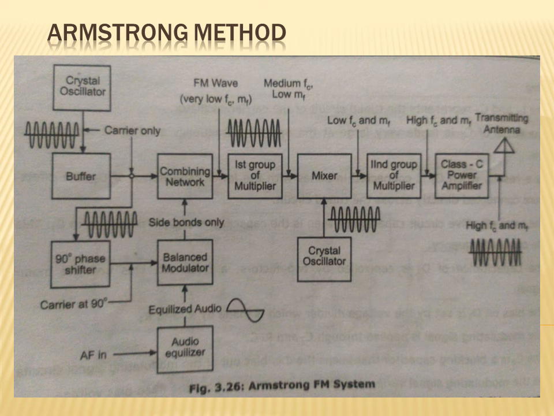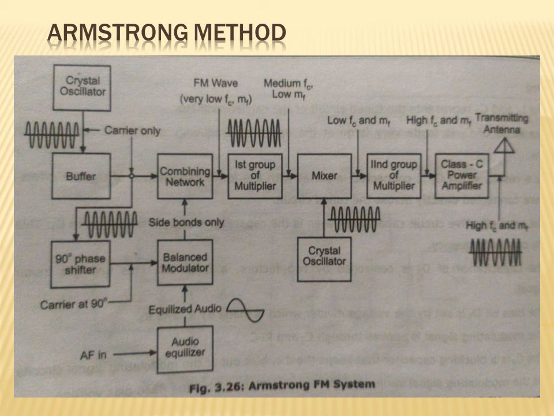Again it is given to the second group of multipliers. This multiplier again increases the modulation index. This modulation index can be increased by increasing the deviation. So at the output we get a high FC and high MF signal. Then it is given to the class C power amplifier.